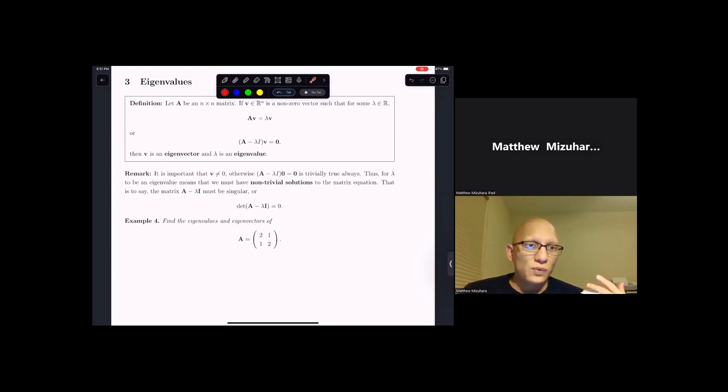So these are all different ways of saying the same thing. To get non-trivial solutions means that this coefficient matrix must have 0 determinant. Okay, and that gives you a method of starting to find those eigenvalues and eigenvectors.